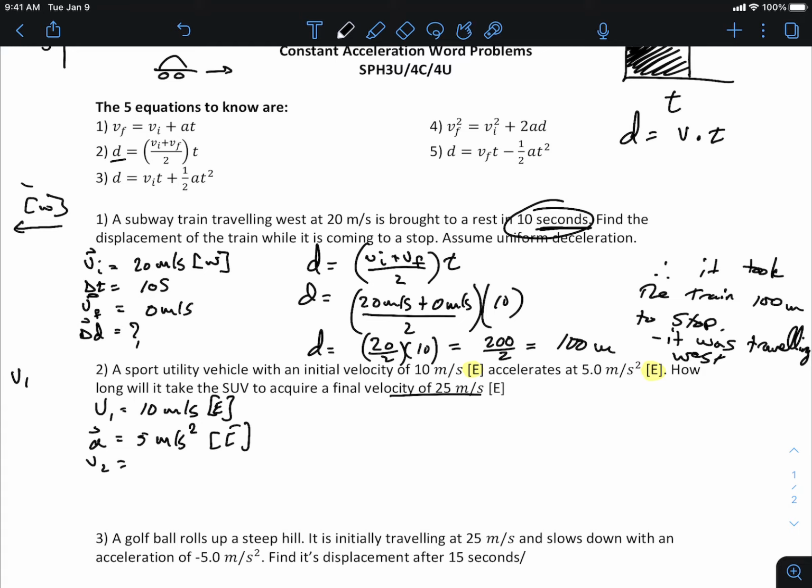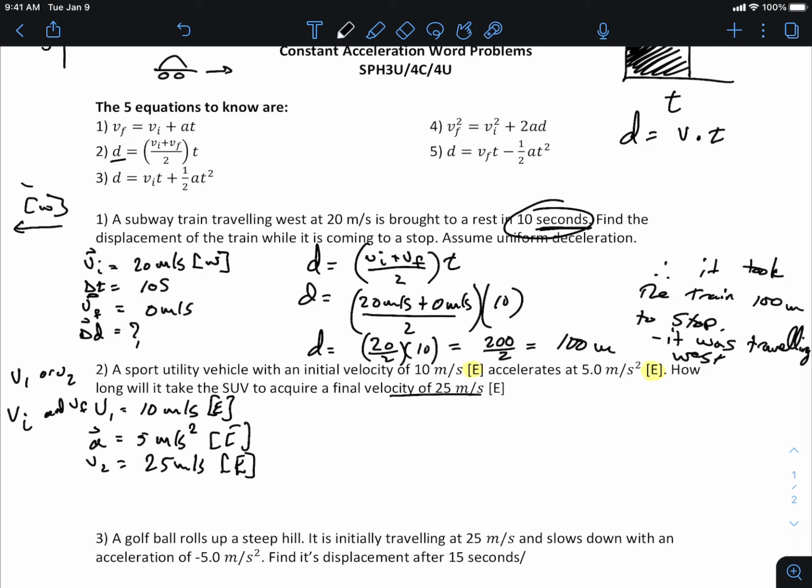You can write V1 or V2, or you can write V, VI, and VF. I'm okay with both. Doesn't matter. They mean the same thing. Final velocity, initial velocity, V1, V2. Okay. So V2 here is going to be 25 meters per second.